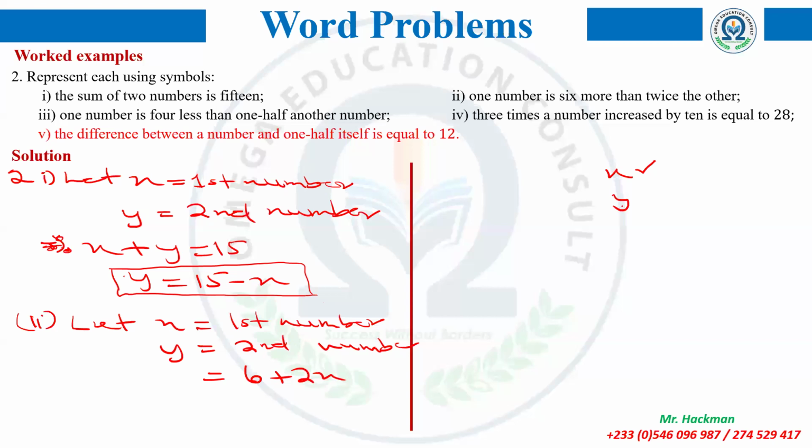The number that I'm looking for is supposed to be 6 more than twice the other number. So let me take the unknown to be the other number, and the known to be y. y is the known because y is connected to the unknown. You get the point?